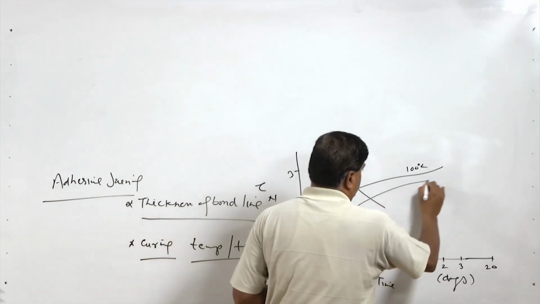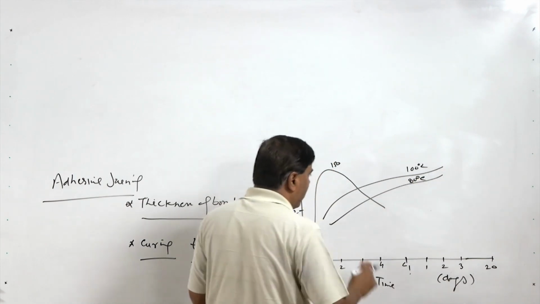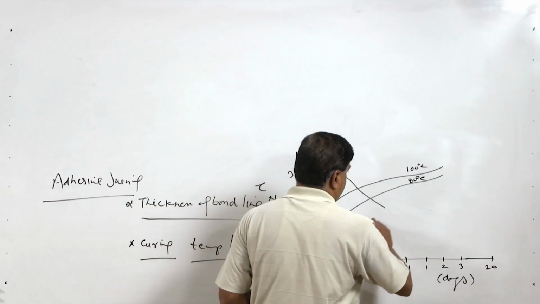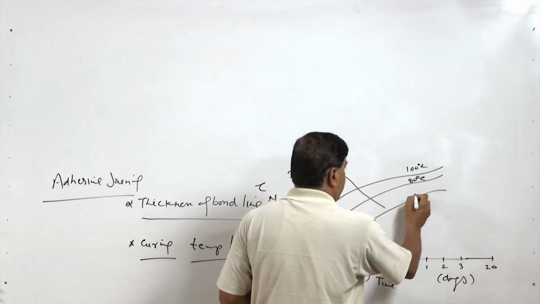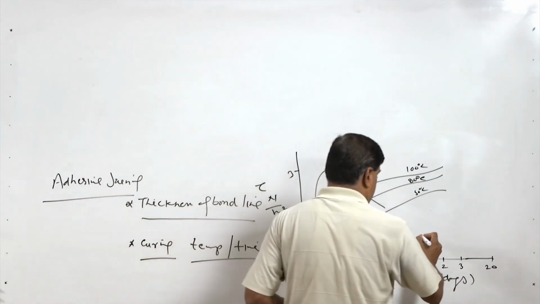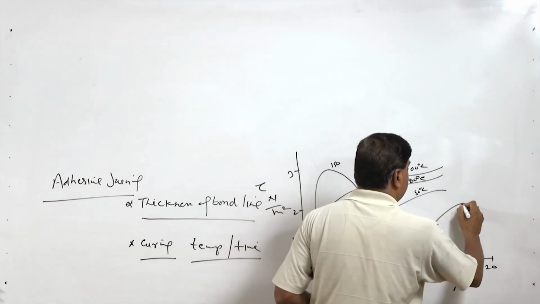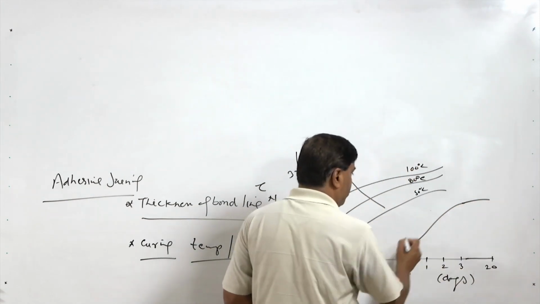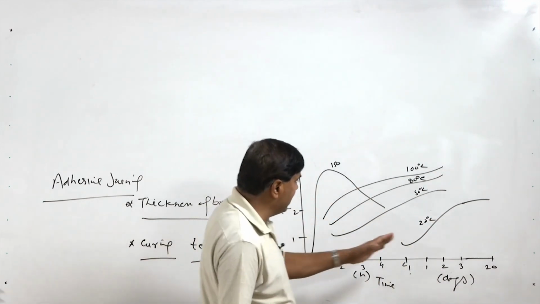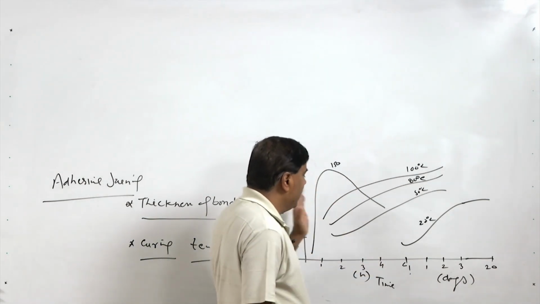When it is done at somewhat lower, say 80 degree centigrade, curing again happens, but it takes longer time for reaching the higher strength. This is for say 50 degree centigrade curing, and then if we consider the curing at very low temperature, say 20 degree centigrade, it may take very long time for achieving the peak strength. So, with the increase in temperature, the time required for peak strength decreases.